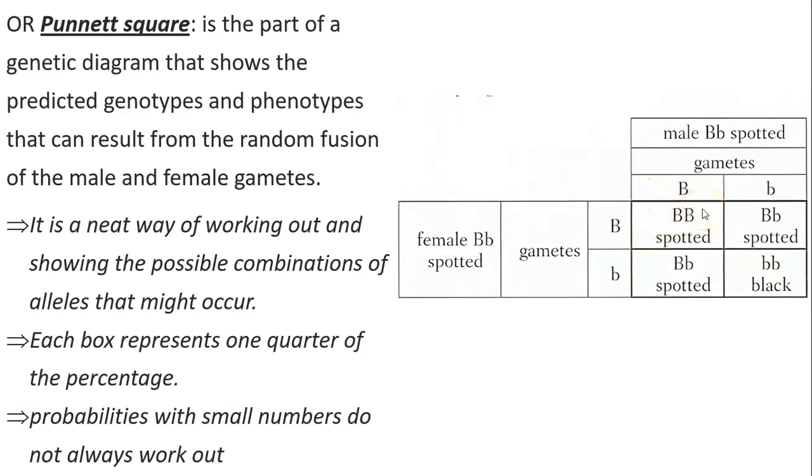Let's revise again. This is homozygous dominant. Both are the same and dominant allele and following the dominant trait, which is the spotted fur. And then here, as you see, this is the recessive gamete or the recessive allele that will join with the dominant one.